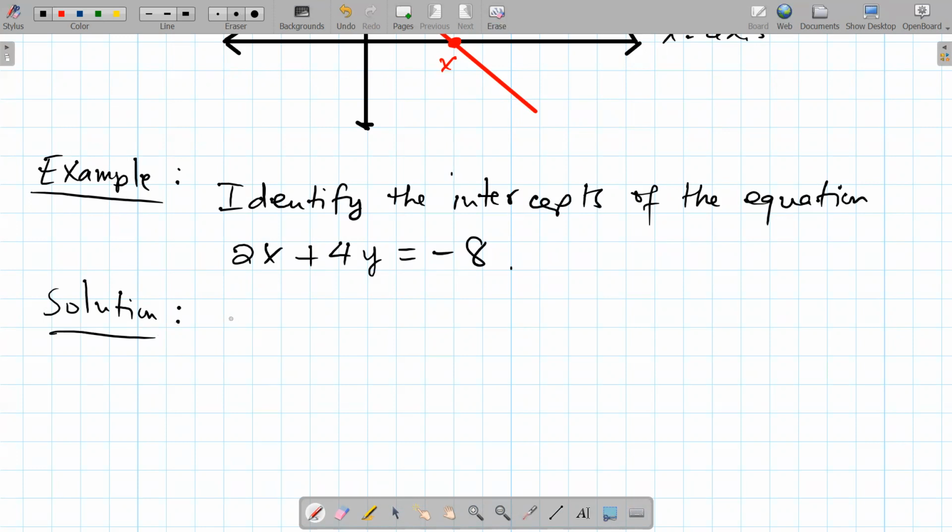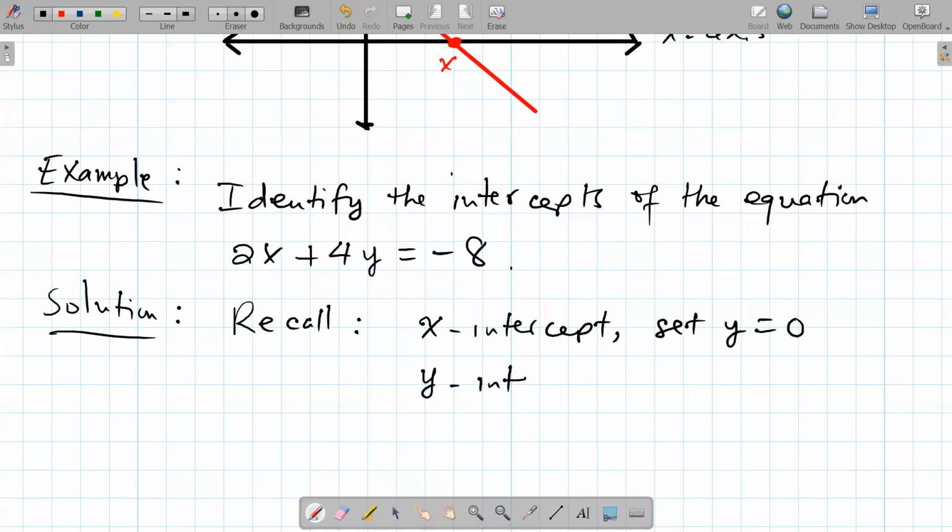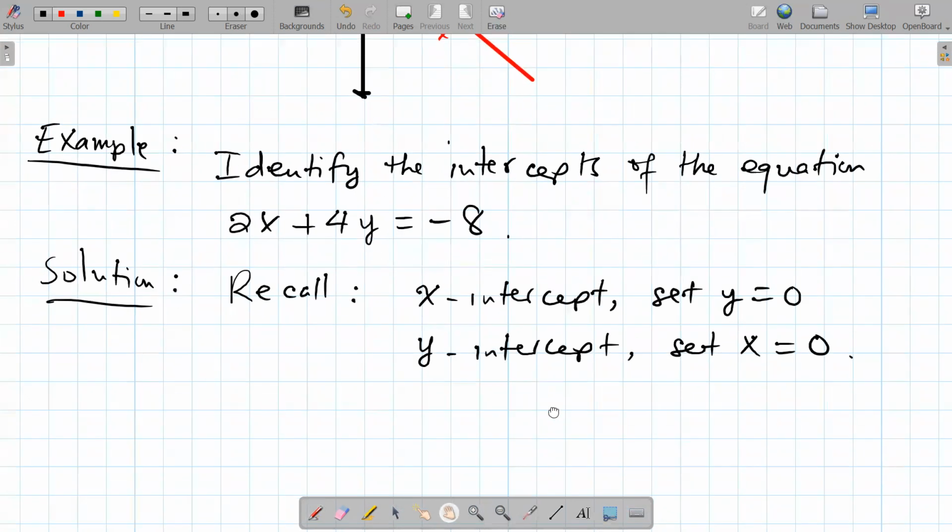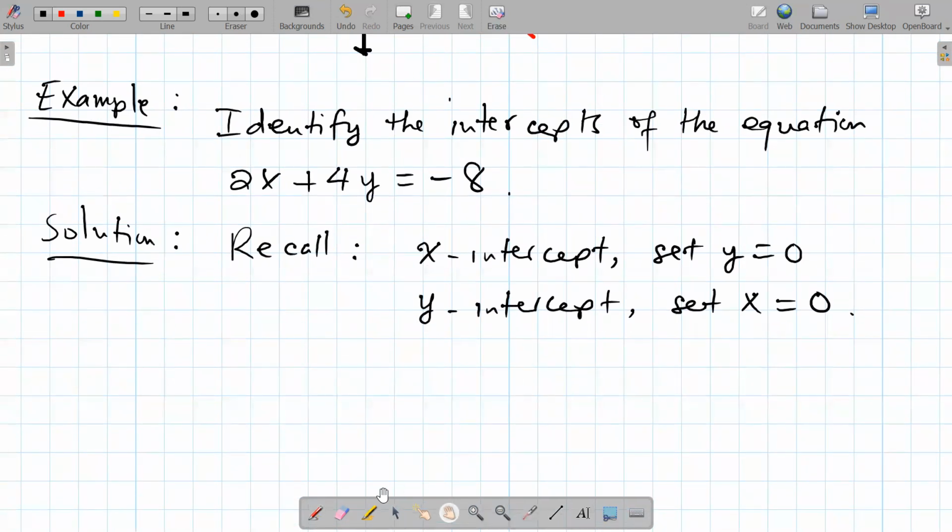So you've got to recall here that if you are looking for the x-intercept, set y to 0. If you're looking for the y-intercept, set x to 0. So this is what we're going to be using to find the intercepts of this linear equation.